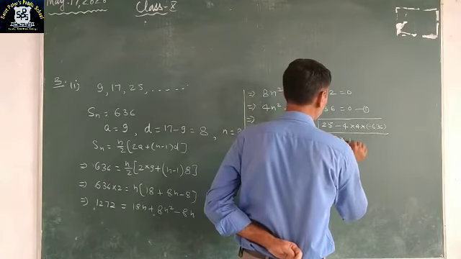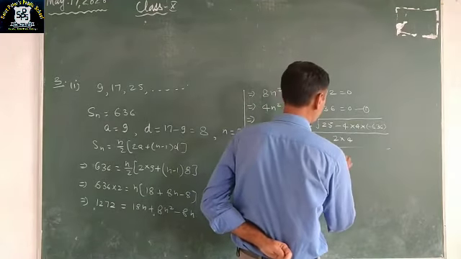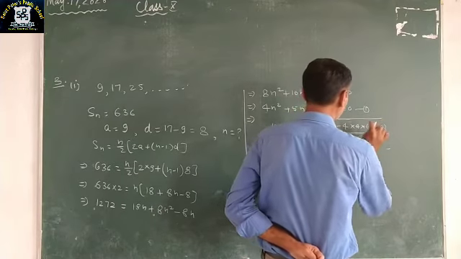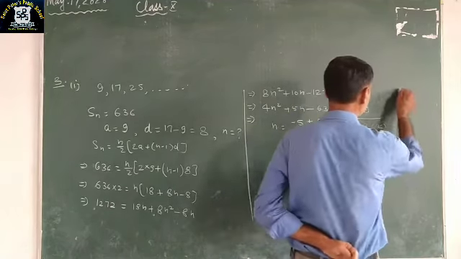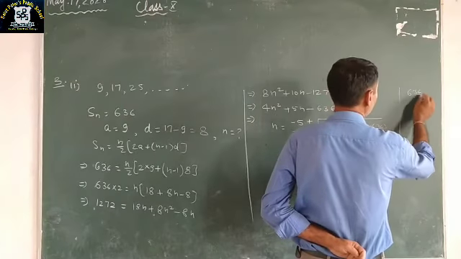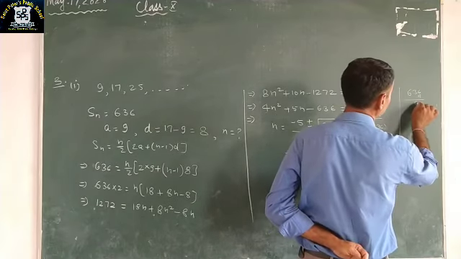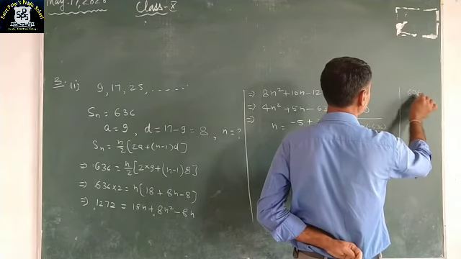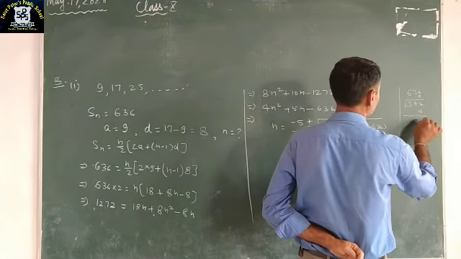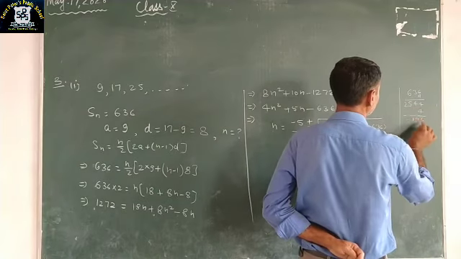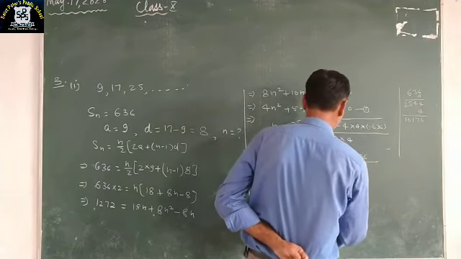Multiplying minus with minus, we get plus. 636 multiplied by 4 is 2544, and again multiplied by 4 it's 10176, divided by 8.